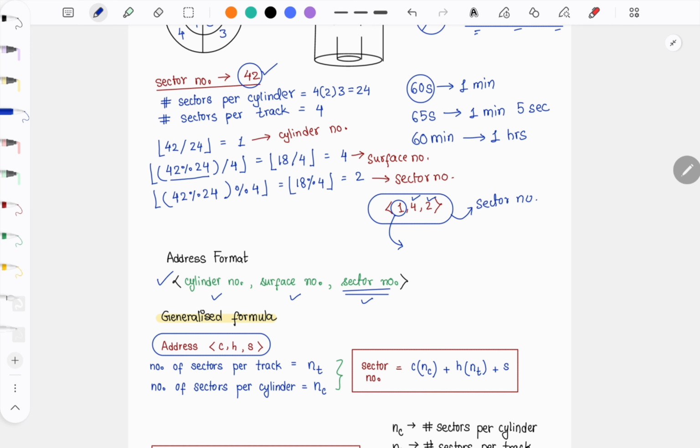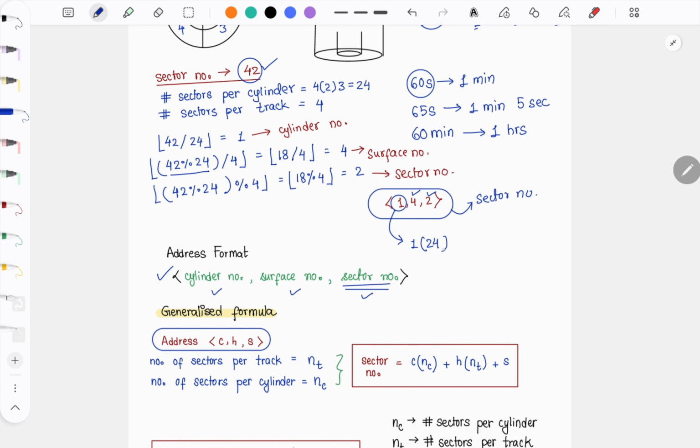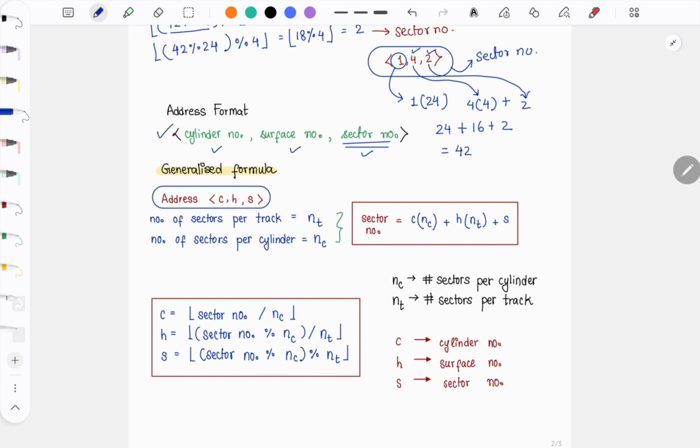We'll multiply the cylinder number with 24, the number of sectors per cylinder, and the surface number with the total number of sectors in each track, which was 4, and for this 2 we'll do nothing, just add it. This is 24 plus 16 plus 2, which adds up to 42. These are the formulas, you can take a look at them.